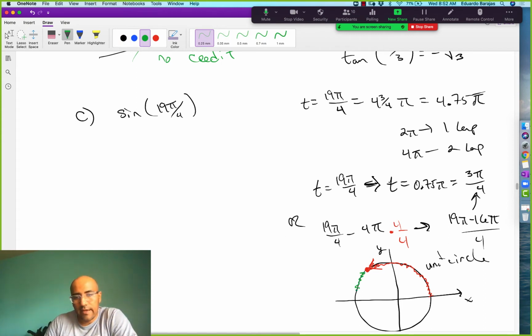To do that, I need to find the t-bar value. The t-bar value, because it's in quadrant 2, is going to turn out to be pi minus this value. Another way to look at it is that if this is 0.75 pi, 3/4 pi, then this must be the rest of it, 0.25 pi, or just pi over 4.